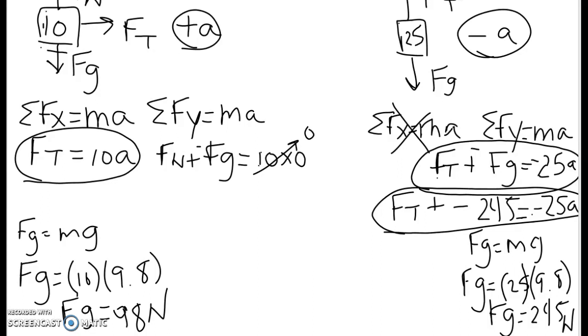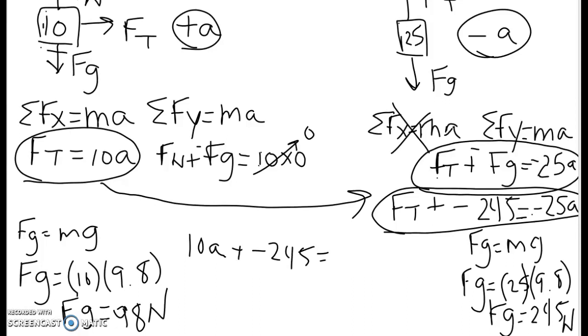So if the tension is 10a over here, I can plug it right into here, because I know the tensions are equal because they are accelerating with and connected to the same string. So I'm plugging 10a in over here. So 10a plus negative 245 equals negative 25a.